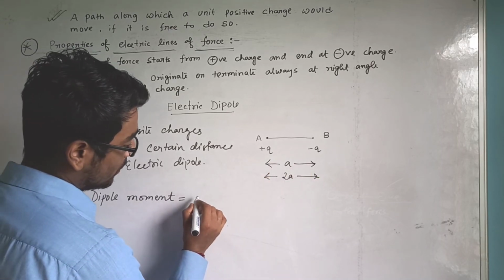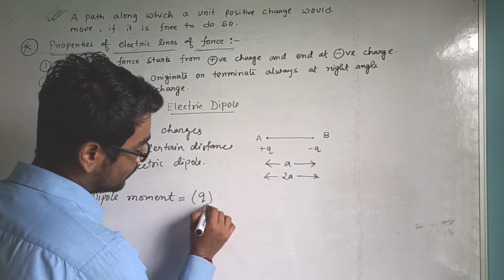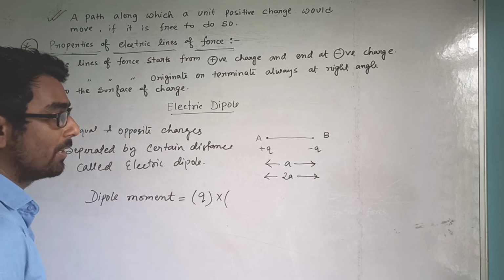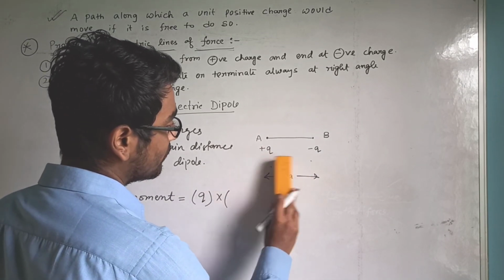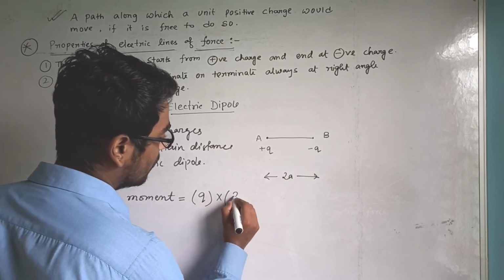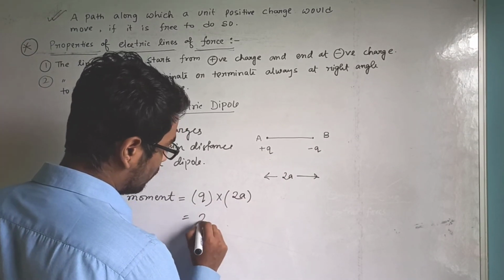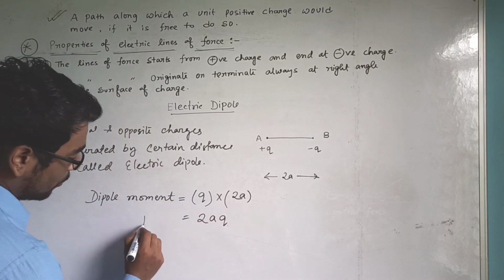If we take the distance as twice a, it will be twice a into q. We denote dipole moment as P.